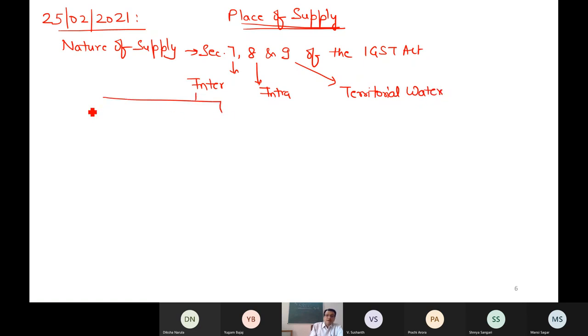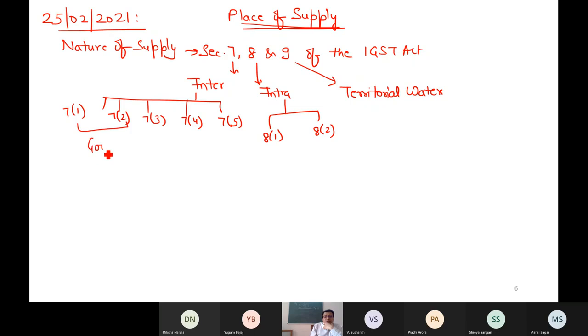Within section 7, there were 5 subsections, if you remember: 7.1, 7.2, 7.3, 7.4, and 7.5. In section 8, 8.1 and 8.2.